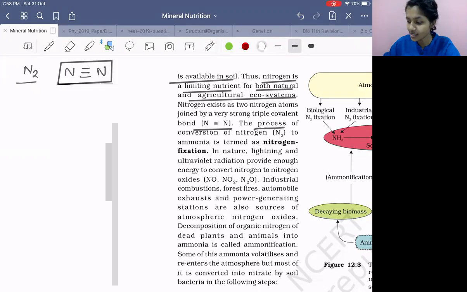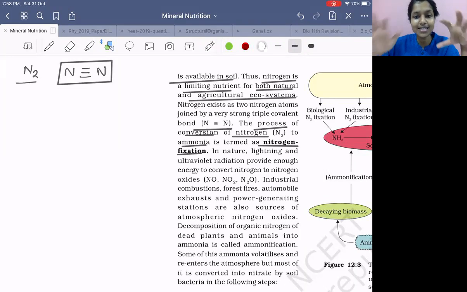The process of conversion of nitrogen to ammonia is called nitrogen fixation. Basically, you should understand that it is the conversion of nitrogen into some form that the plant is able to absorb, right?